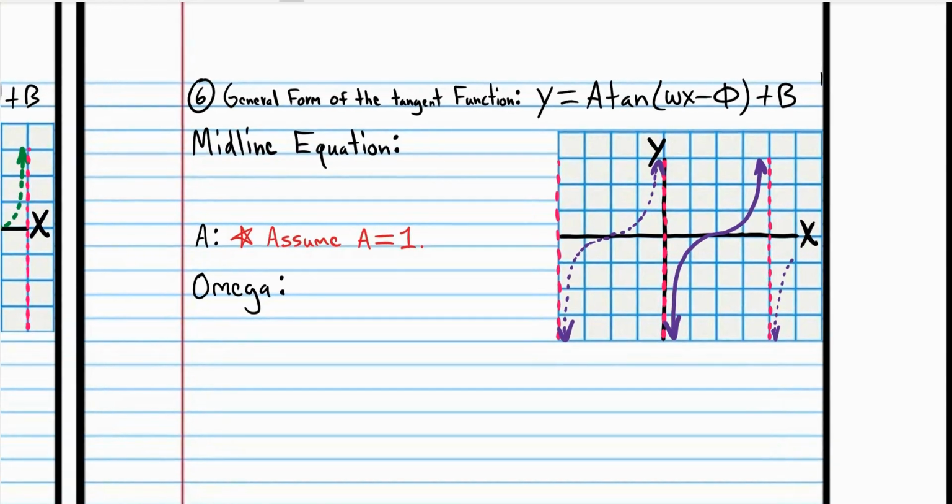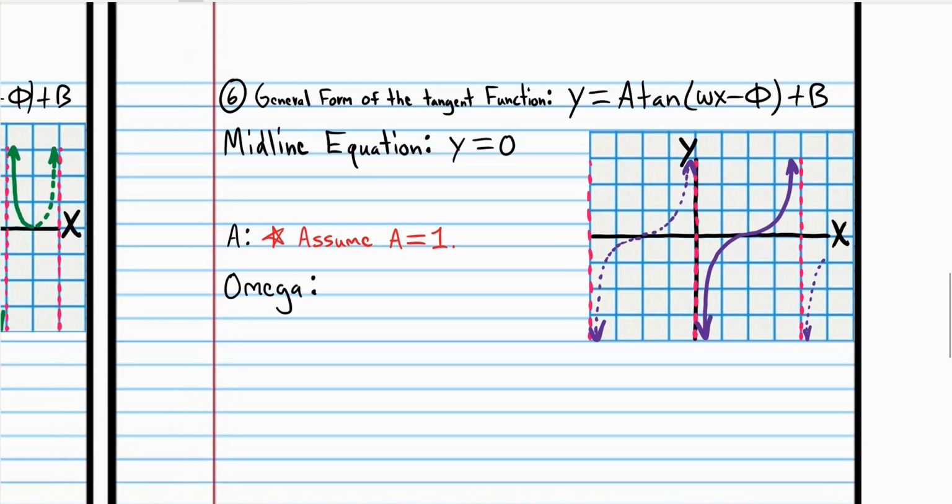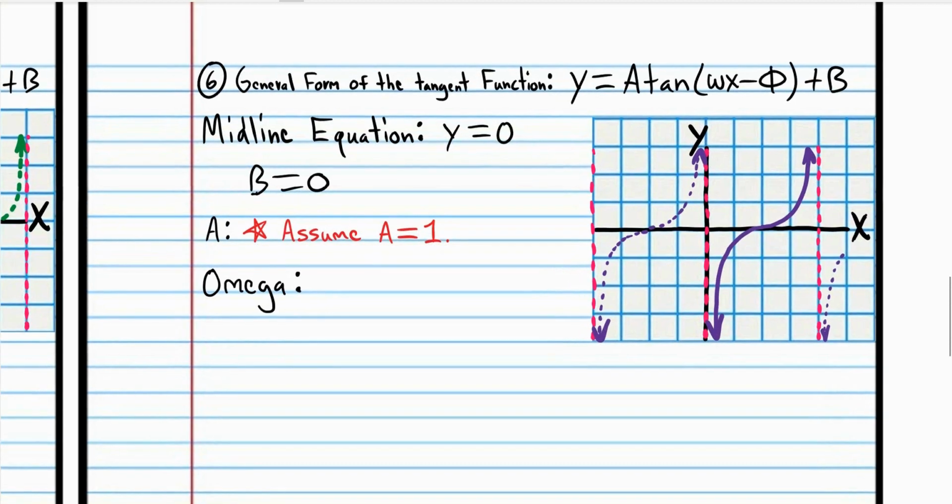So B represents the midline. So the midline in this case is going to be right on the x-axis. So the equation of the midline is y is equal to 0. And that means that B is 0. We're assuming that A is 1, so we don't really need to do anything with that.